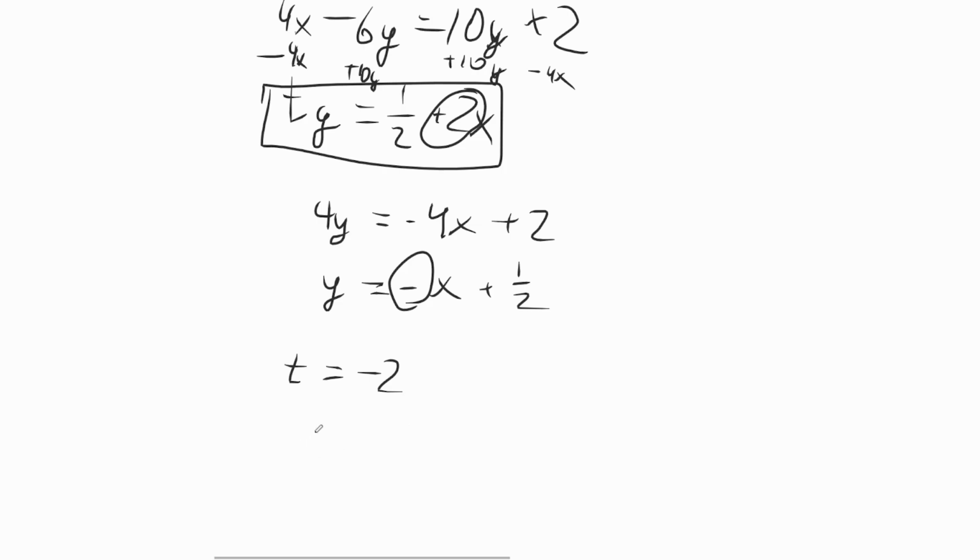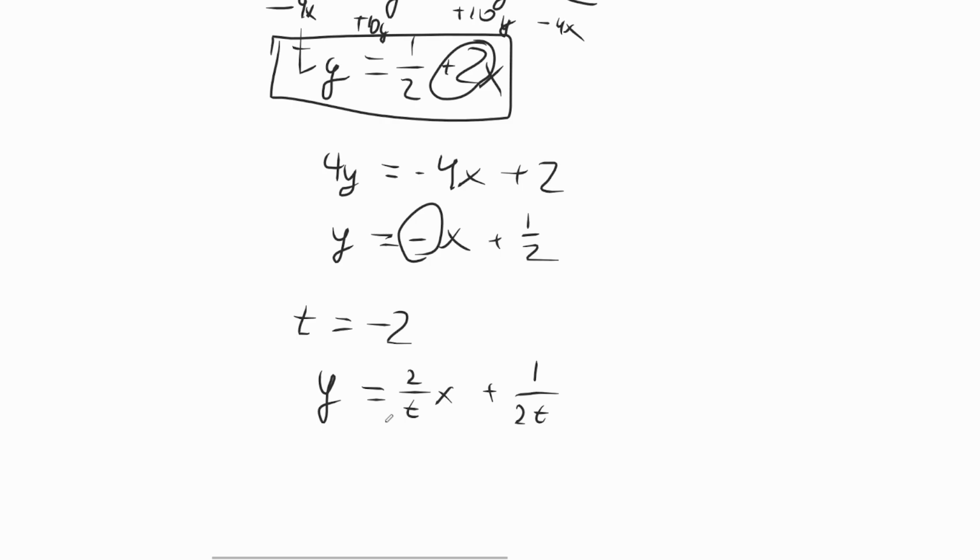Let's check that. Let's rewrite our second equation as 2 divided by t x plus 1/2 divided by t, right? So we want 2 divided by t to equal -1, and we don't want 1/2t to equal 1/2.